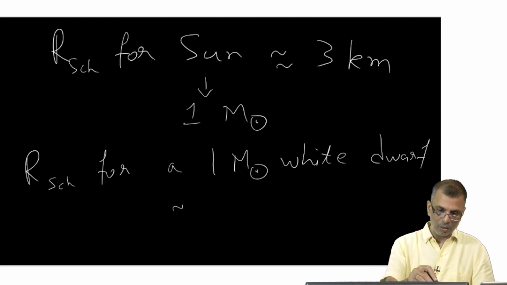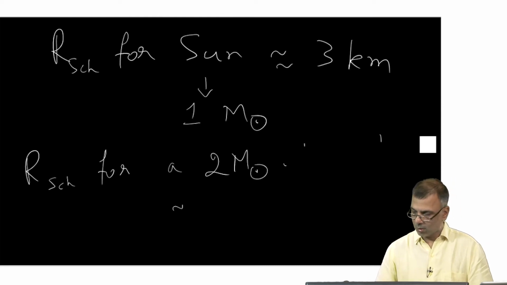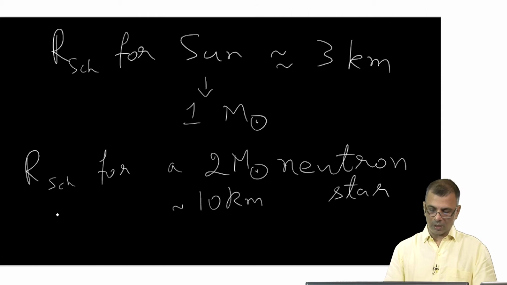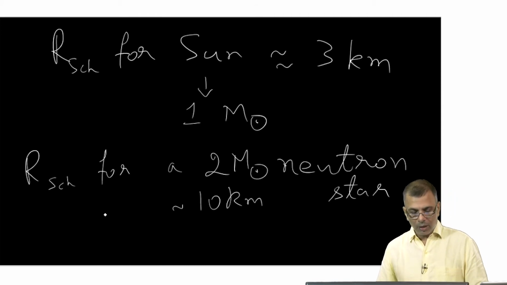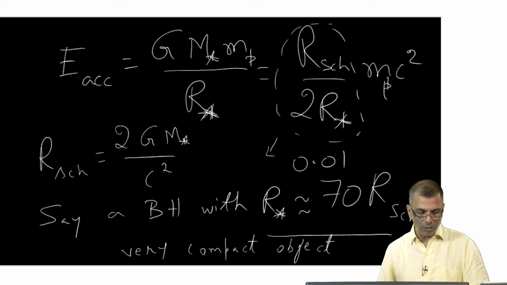And for a neutron star, this would be something like 10 kilometers, the R star. So the point is, you need really compact objects in order to enable accretion and extract energy via this process.